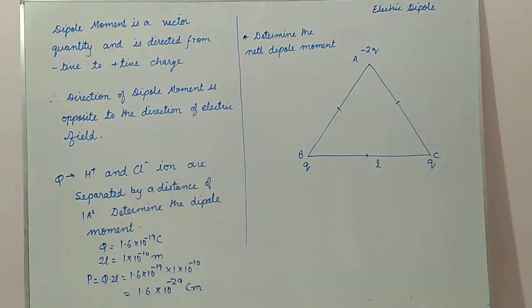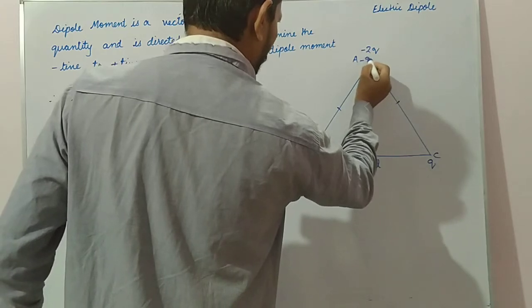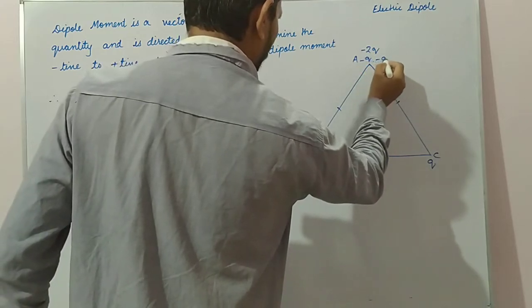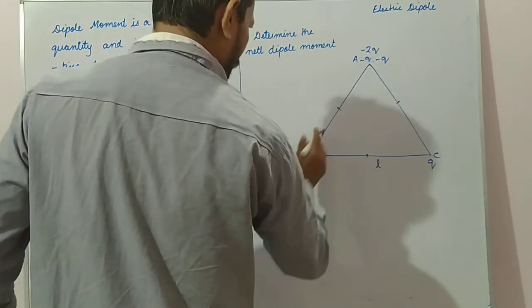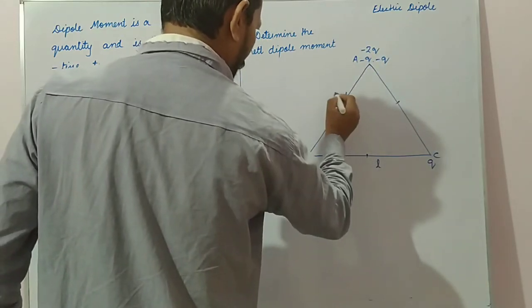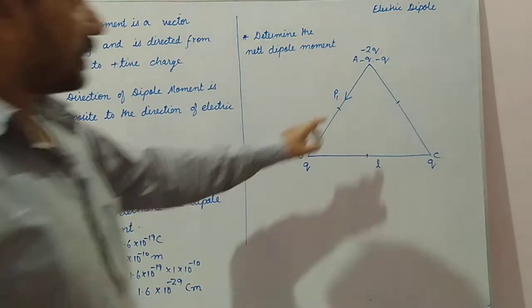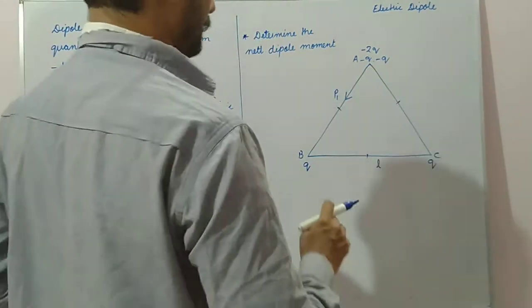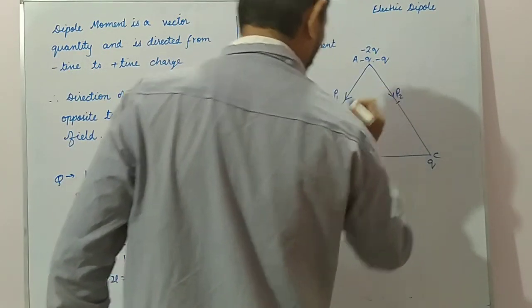Now see here, in this case this minus 2q charge we can split into q and minus q. Due to this minus q and one plus q, one dipole moment will act along this direction, P1. Due to this minus q and the other plus q, another dipole moment will act along this direction, P2.